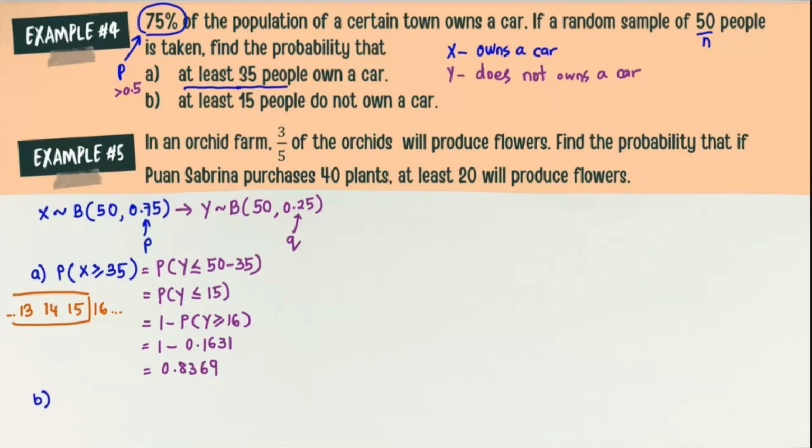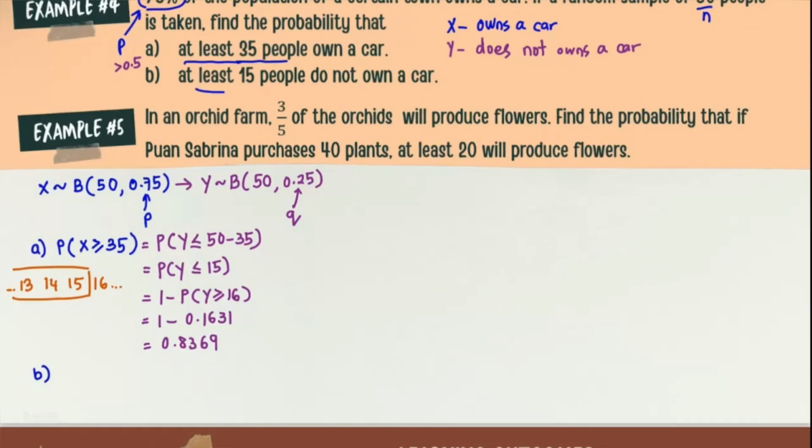Now let's look at B: at least 15 people do not own a car. Is this talking about X or Y? Do not own a car is our Y. So I will directly use P of Y greater than or equal to 15.